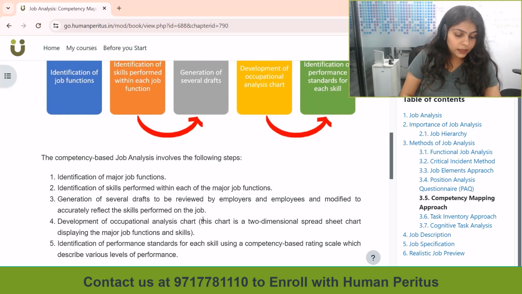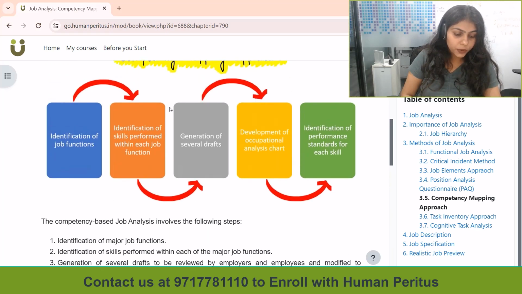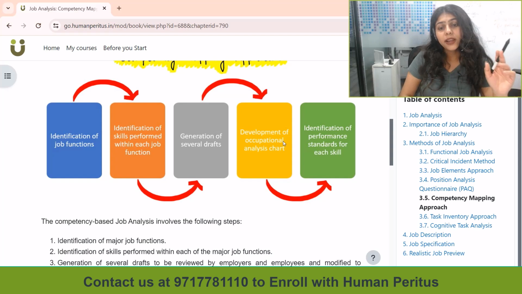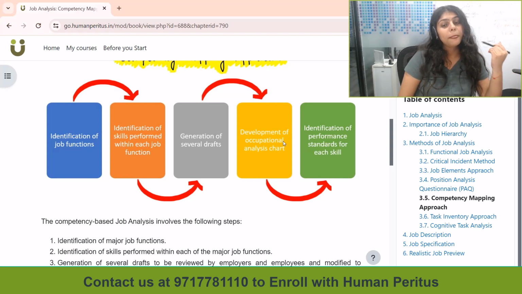Now this will then be converted into a permanent document where one of the drafts is finalized, and we move on to development of the occupational analysis chart.